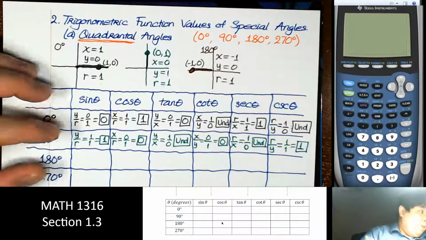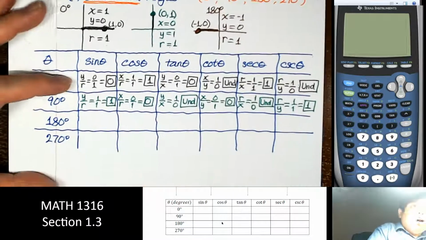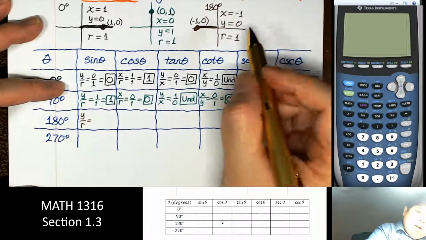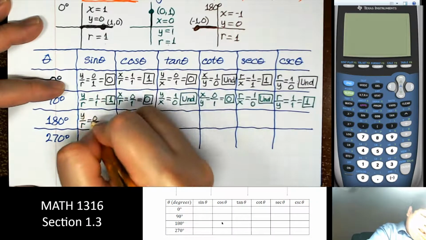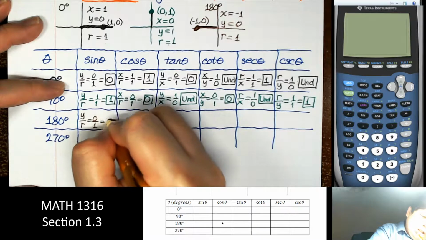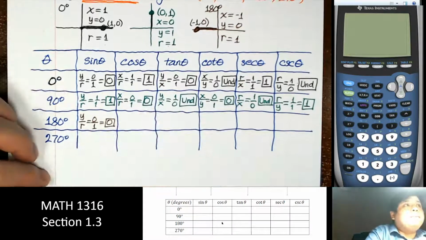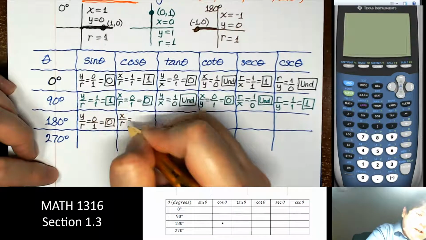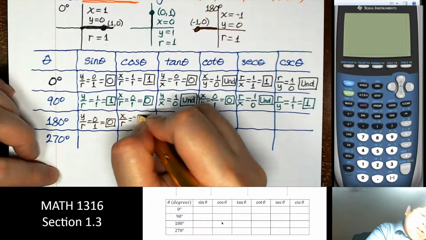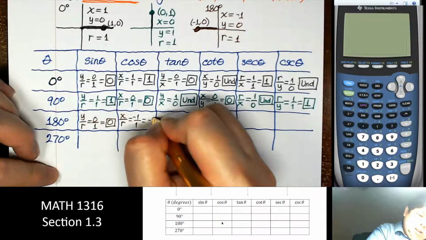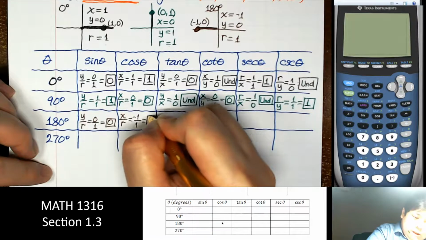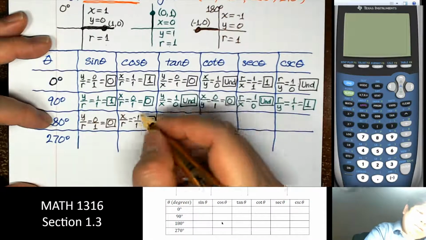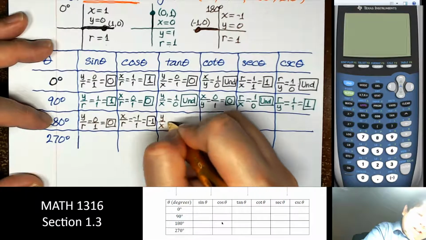Right. Same thing, our definitions for 180 degrees. Sine is y over r. Cosine is x over r. Tangent is y over x.